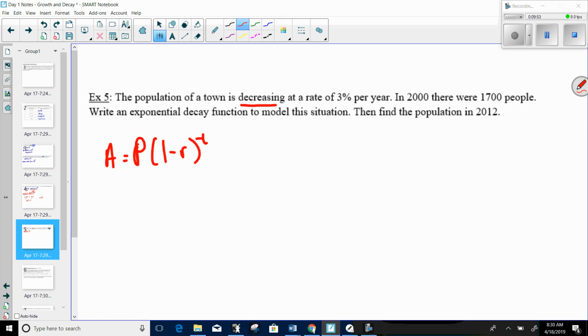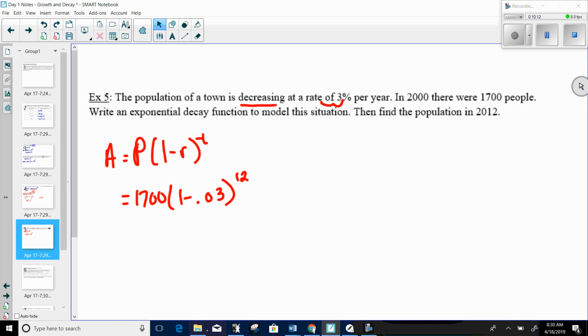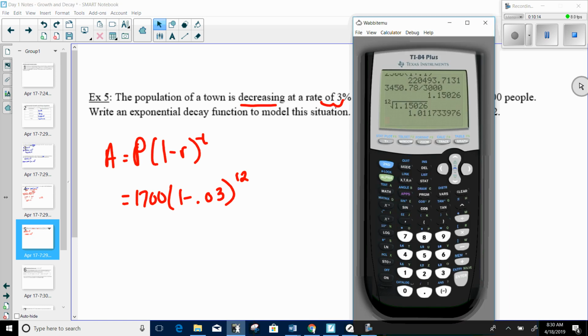So we don't know the ending amount, but we do know the starting amount, 1,700 people, (1 minus R), but remember I have to move the decimal place 2 spots, 1, 2. In 2000, that was this many. How many were there in 2012? That would be 12 years later, so it'd be to the 12th power. And again, I need the calculator. All I'm going to do is type in what's on the right side of the equation.